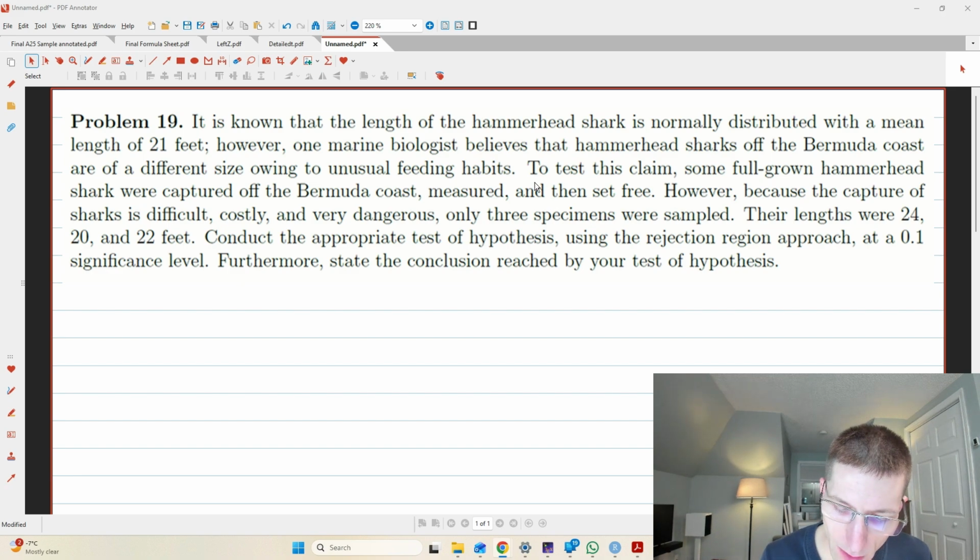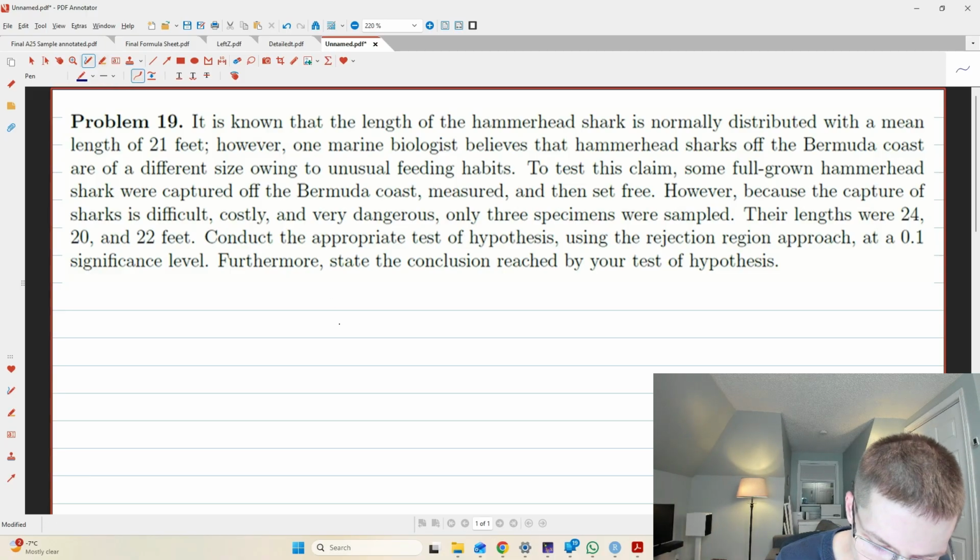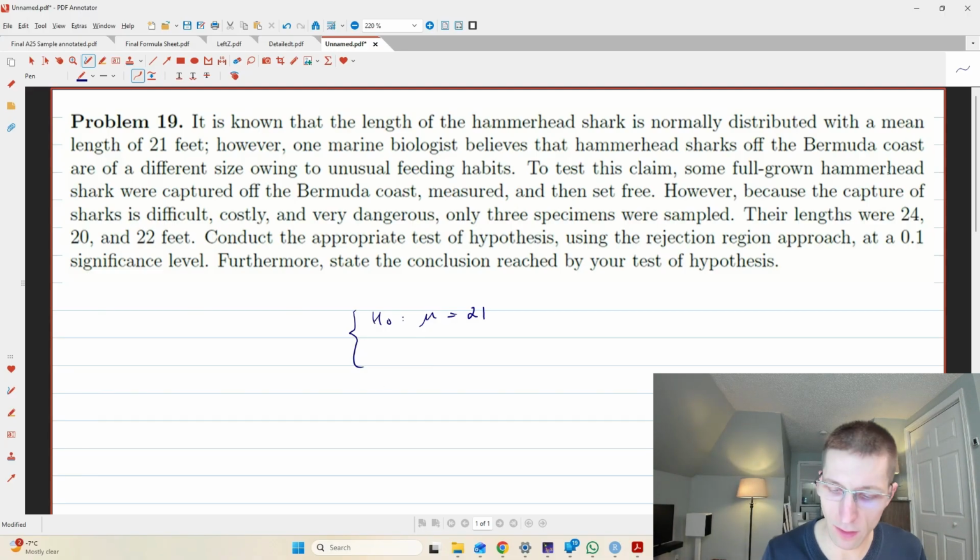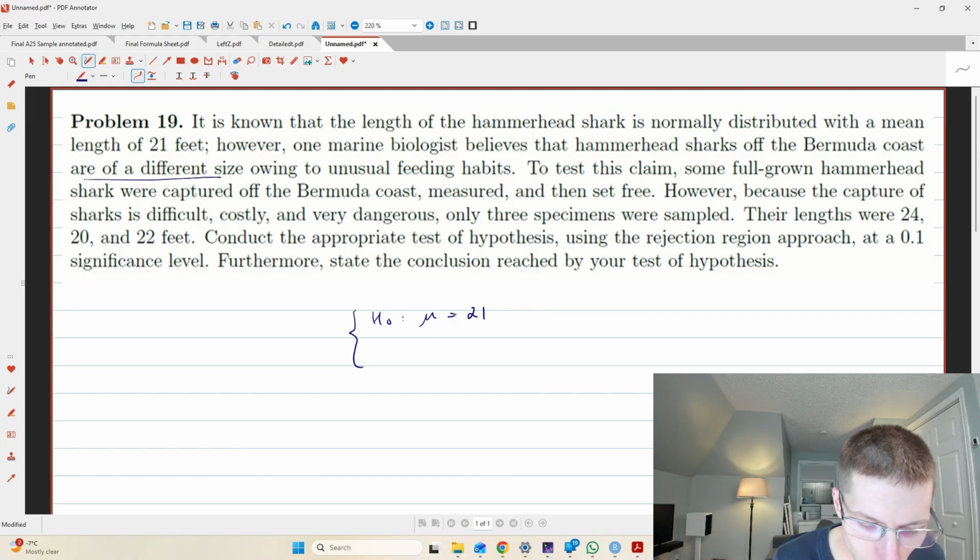So basically, this marine biologist's claim is that the mean length is different from what it's known to be. It's known to be 21, and it doesn't say bigger than or less than. It's just of a different size.